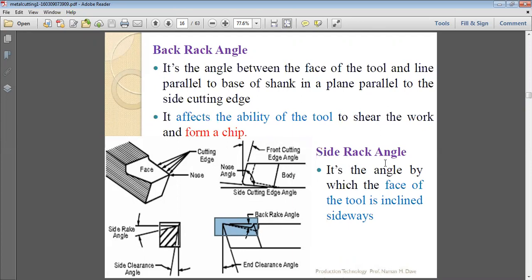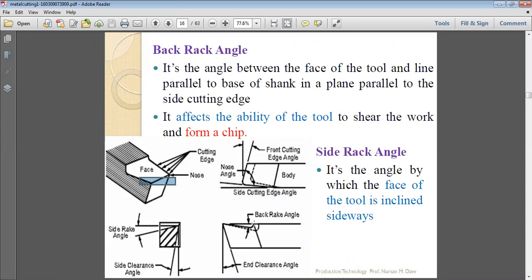Again, the side rake angle is the angle by which the face of the tool is inclined sideways. If we see from the sideways, this is the side rake angle. This line is somewhat inclined in the direction, and if we take a line parallel to the plane on this side, the angle taken with the edge is the side rake angle.